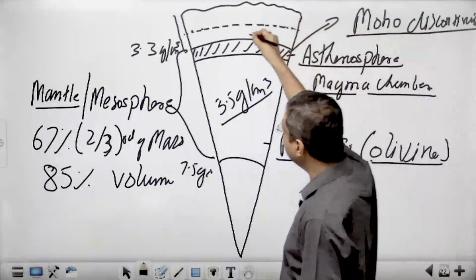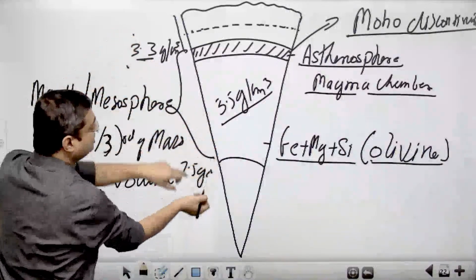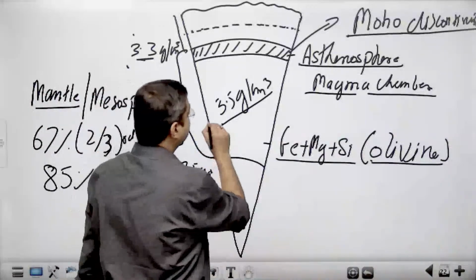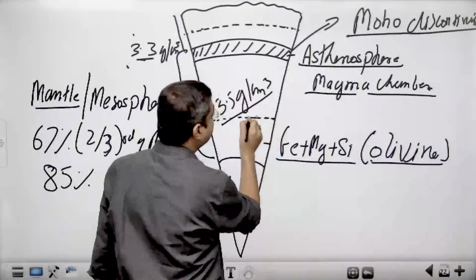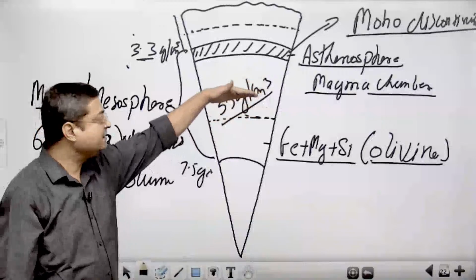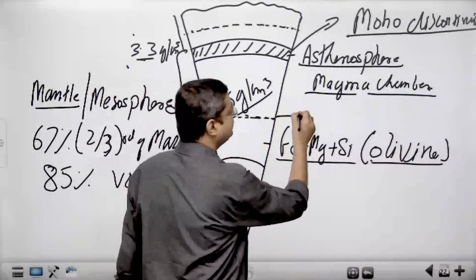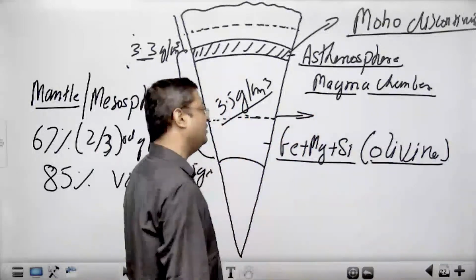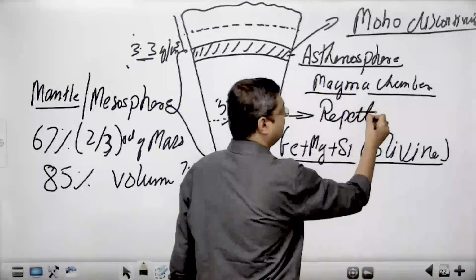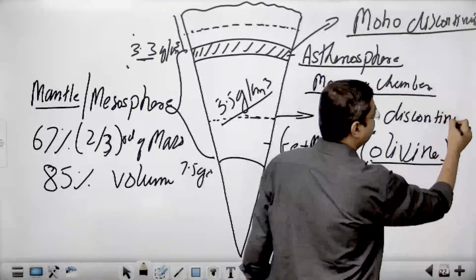But as we are moving down, the average density is 3.3 to 7.7. So in between the mantle there is again a major change of density. We have taken the average one, and that change of layer of the density was found by Repeti. So it is Repeti discontinuity.